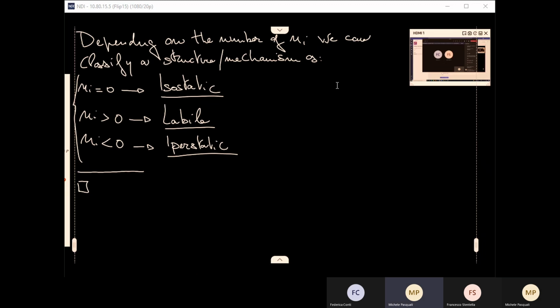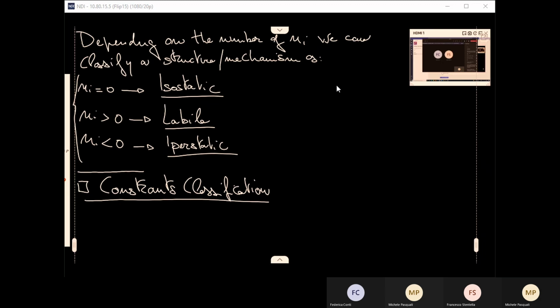Apart from linearly dependent or independent, you can actually enforce another classification between holonomic versus non-holonomic, or also called anholonomic.